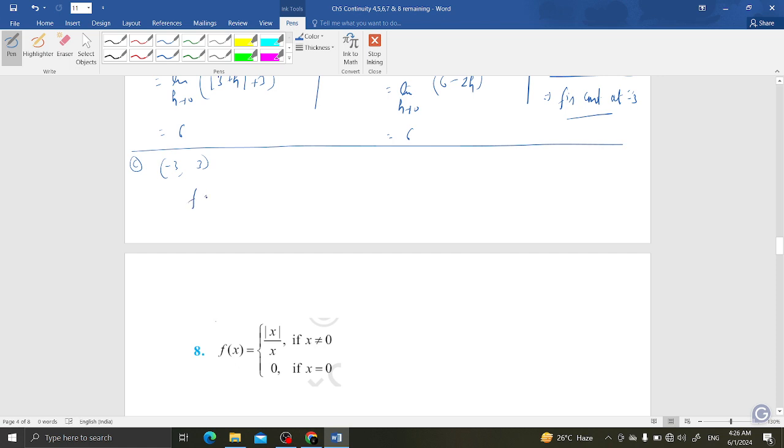For this one the function is minus 2x. On this domain only we have minus 2x, so simply we can say f(x) is a polynomial of degree 1, which implies that f(x) is continuous.